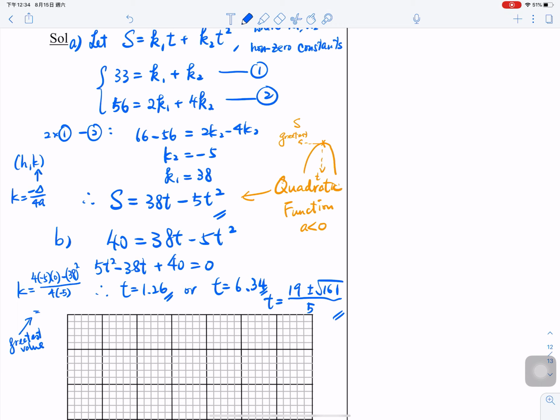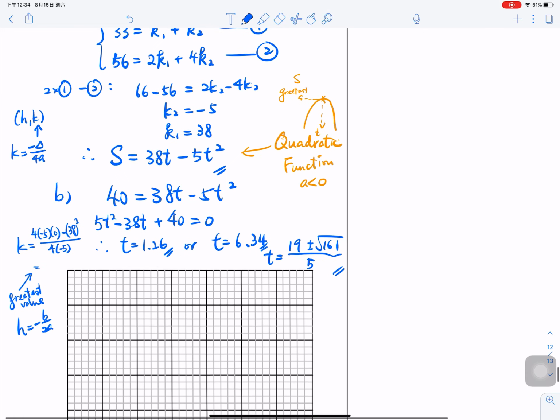But the question asks you to find the value of t. That means find h. What is h? Do you remember? Negative b over 2a. So what is b now? b is 38.